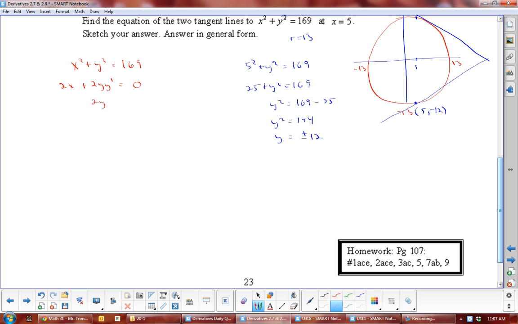Okay, so 2y, y prime equals negative 2x. y prime equals negative 2x over 2y. y prime is negative x over y. Let's find the slope at 5, 12. So y prime equals m, right? m stands for slope, equals negative 5 over 12.